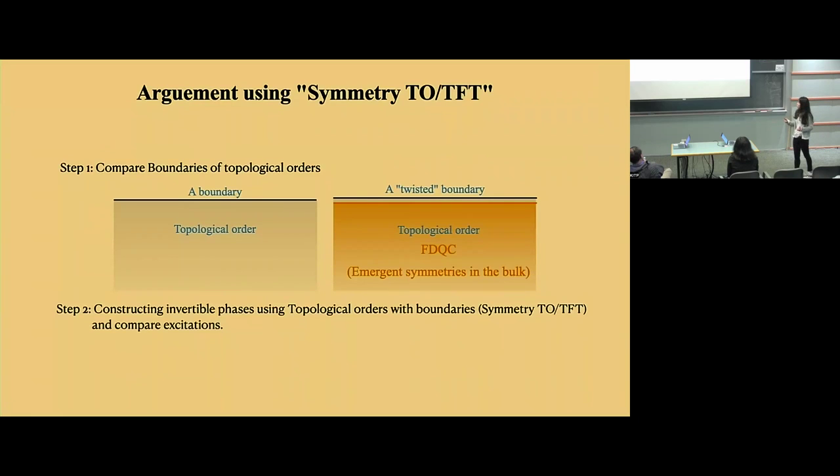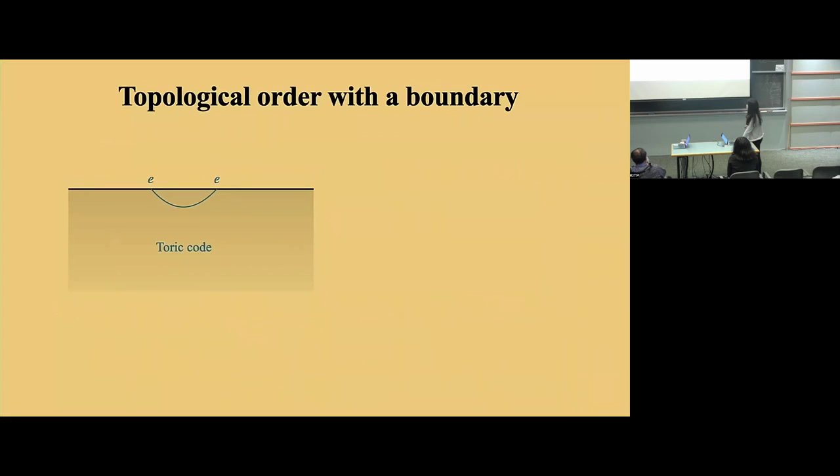So these two have an intimate relation that's in the end related to invertible phases. And then after describing that, I will tell you how to use this topological order with boundaries to construct invertible phases, and then use the property of the finite depth circuit to compare the excitations.